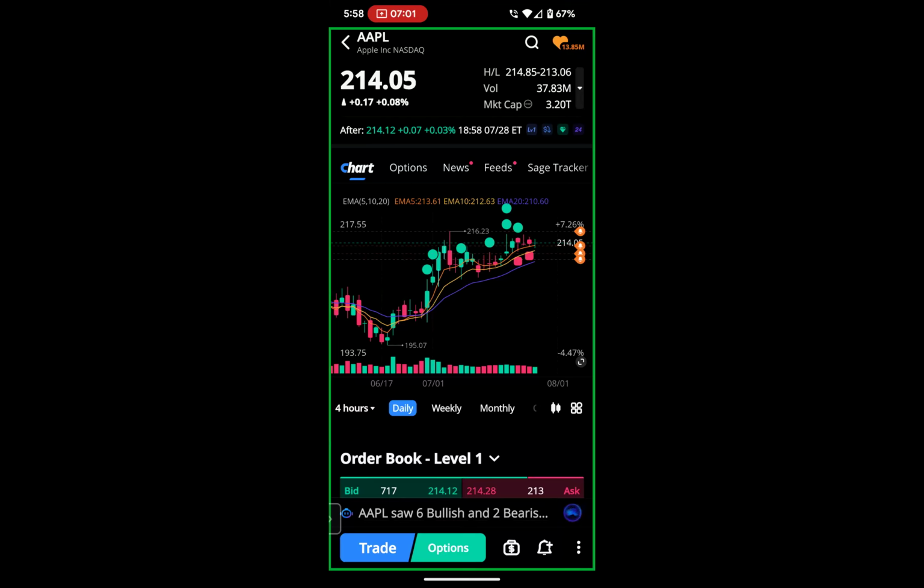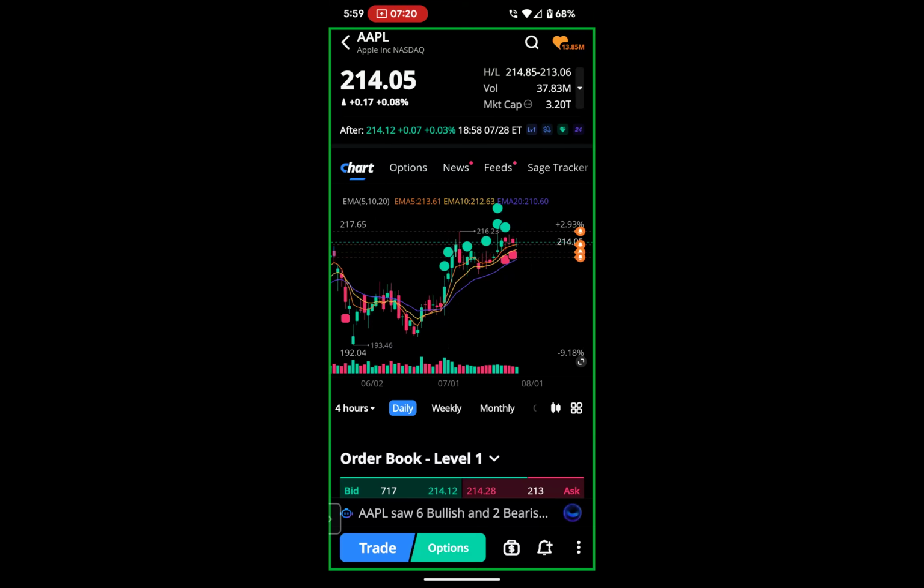And then the 50-day is the medium term. And then you have, of course, the golden cross where the 50 MA moves above the 200, and then the death cross when the 50 MA moves below the 200 MA, which is bearish.